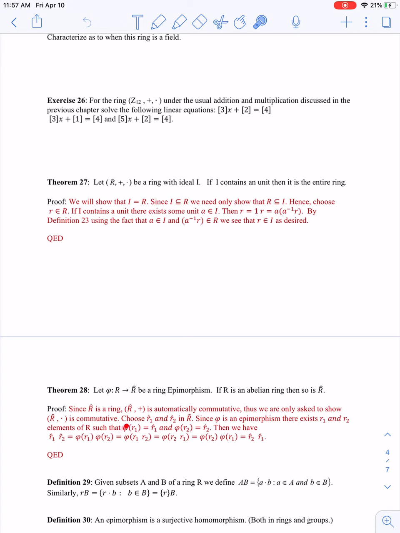Phi is a homomorphism, so that's phi of R1 times R2, which is phi of R2 times R1, which is phi of R2 times phi of R1, which is back to R hat 2 times R hat 1. And so I've shown that dot is commutative, and that's all I need to show. Well, that finishes theorem 28, and I'm going to stop here.